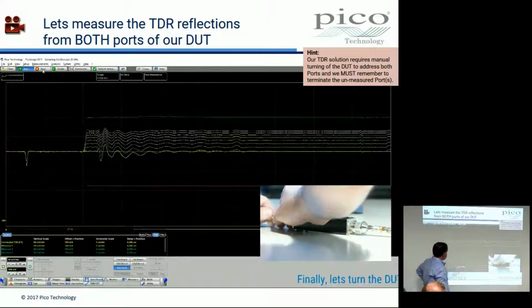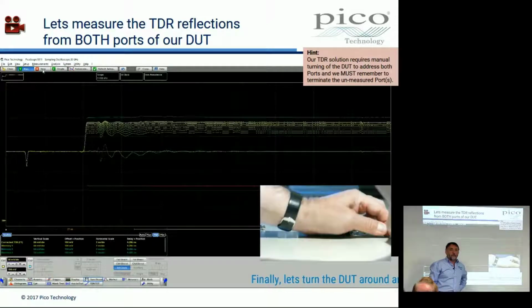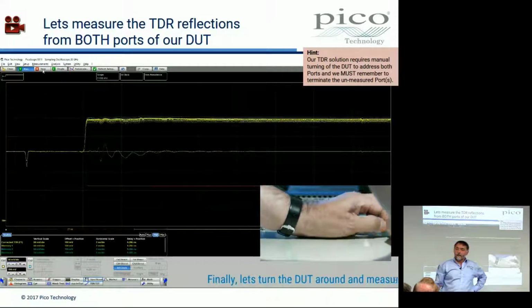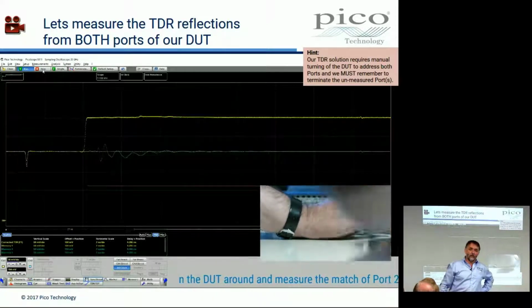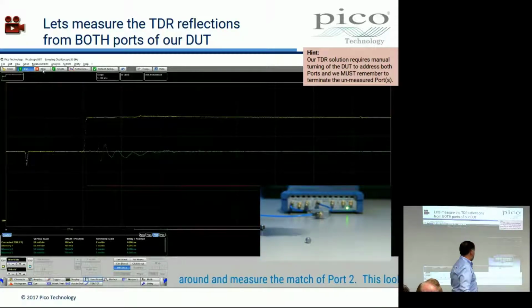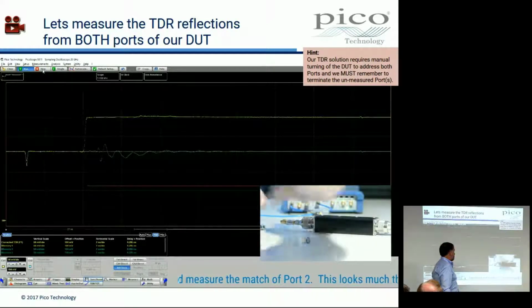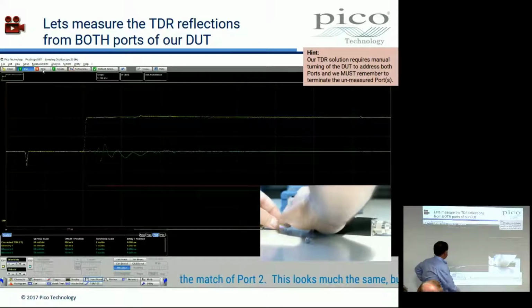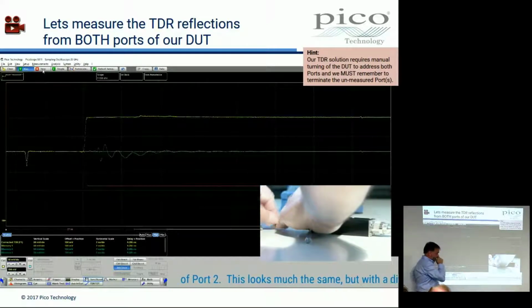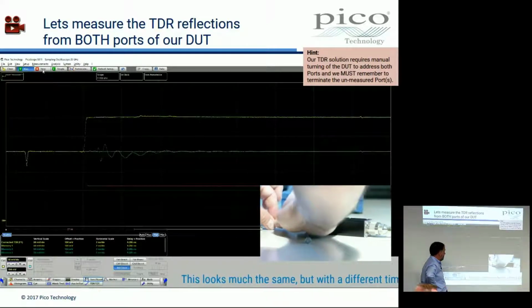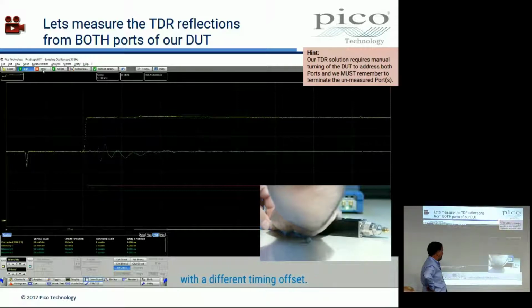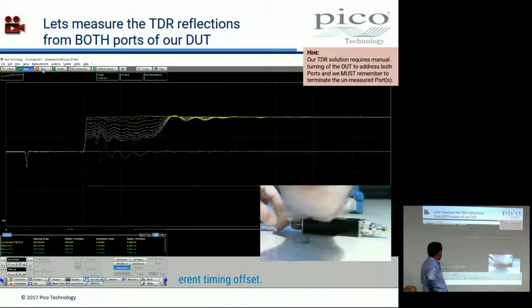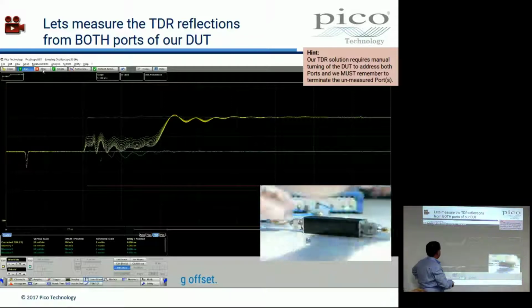We'll call that TDR11. We've measured port 1: we put a signal into port 1 and measured what came back off port 1. We'll call that TDR11. Turn it around. I've saved TDR11 so that we don't forget what it looked like. And I'm going to measure this now with this. There goes the DUT again.